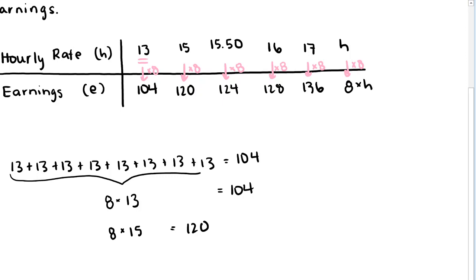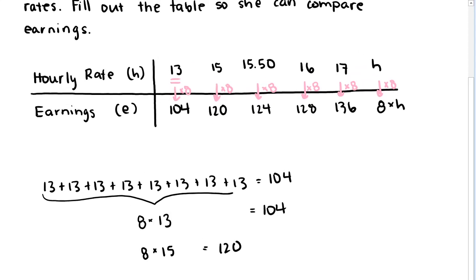And so, if we wanted to come up with an equation for Maria's earnings based on her hourly rate, we would just say that her earnings, E, right, we've defined that earnings with the variable E, this is equal to 8 times her hourly rate, H.